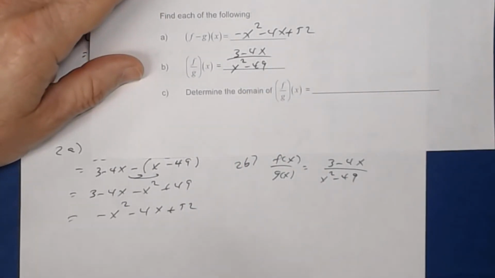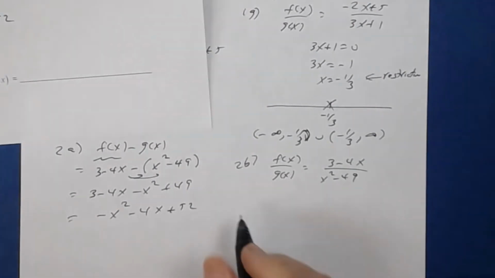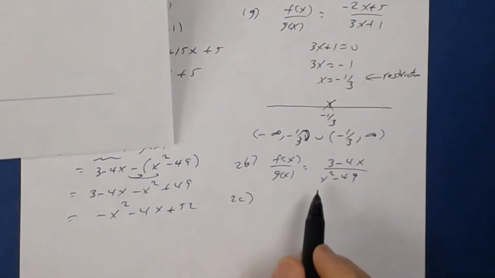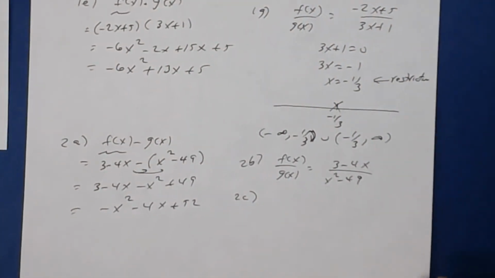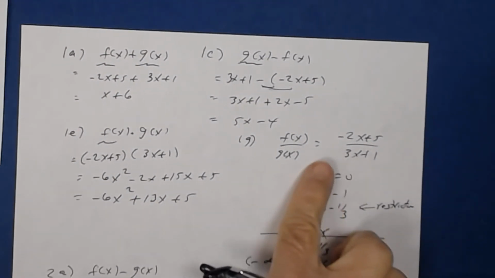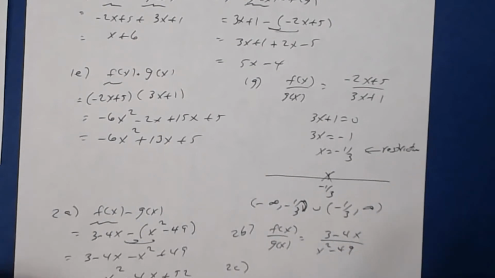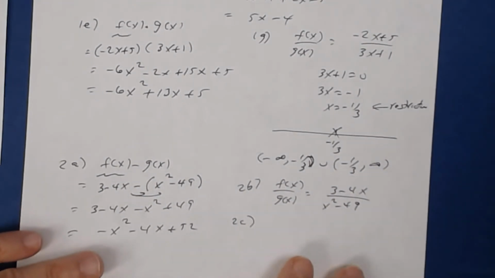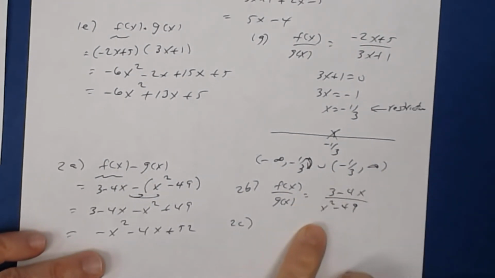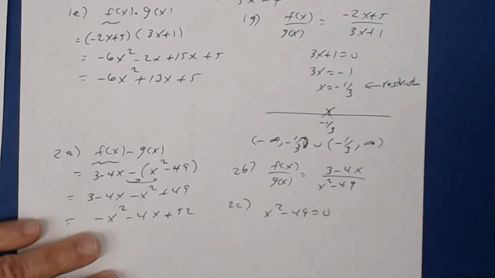Okay? But in part C, they want you to find the domain of this. Now remember, just like our discussion here, for the domain of a rational function, you first have to find out where this rational function is undefined. Well, it's undefined when x squared minus 49 equals 0. I can do this in several ways.